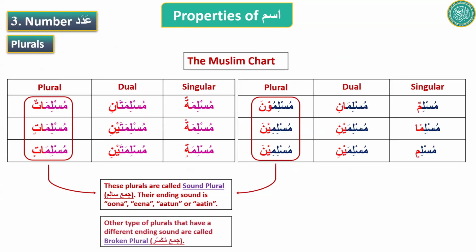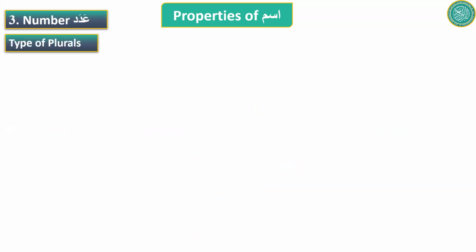And if you see any other plural, which is a plural word but does not end with una, ina, or atun or atin, that will be called broken plural. In Arabic, it is called jama mukassar. But for this class, we are going to use the English terms. Sound plural, broken plural. Okay?